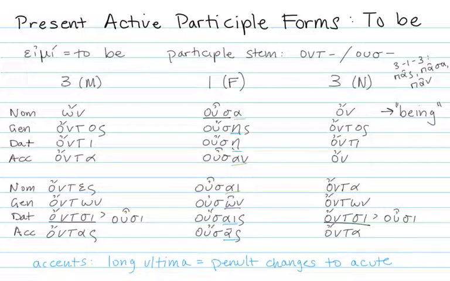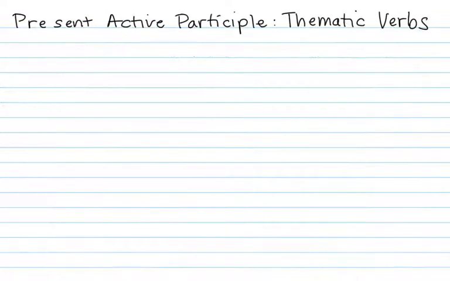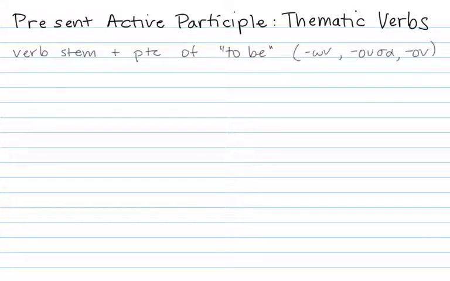So now that we understand the present active participle of to be, we can use it to build the present active participle of the other forms. So we'll look at one each of thematic verbs, epsilon-contracts, and alpha-contracts. So just like the form of to be, the way that we form participles of other verbs is you take the verb stem plus the participle of to be.